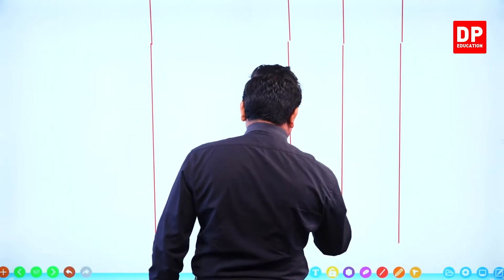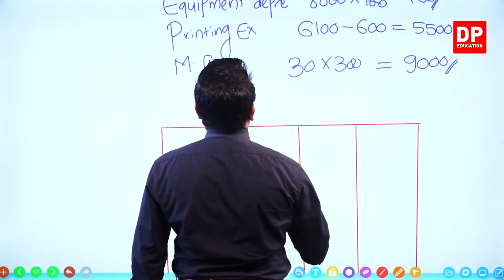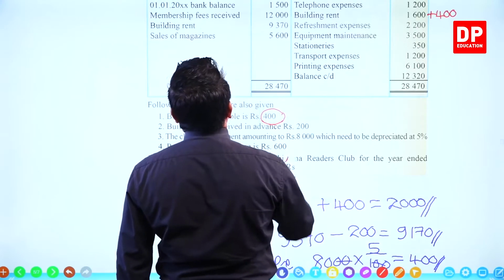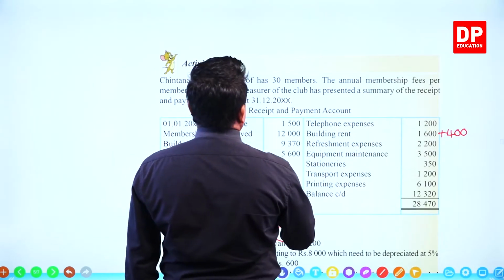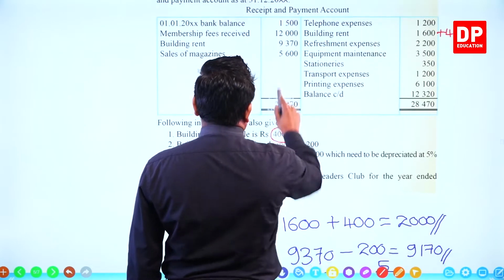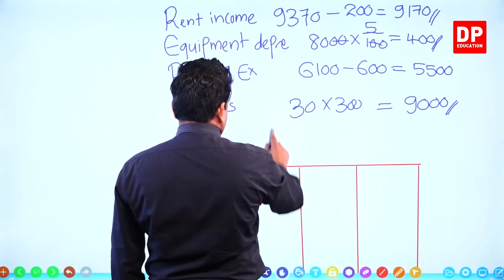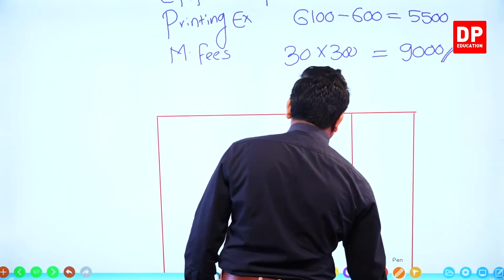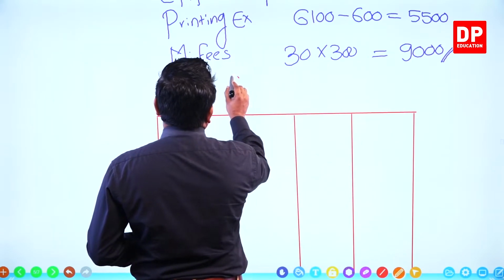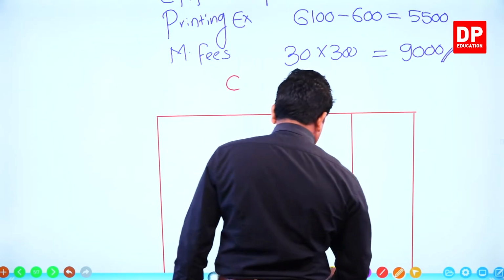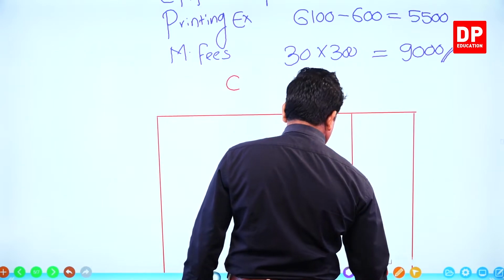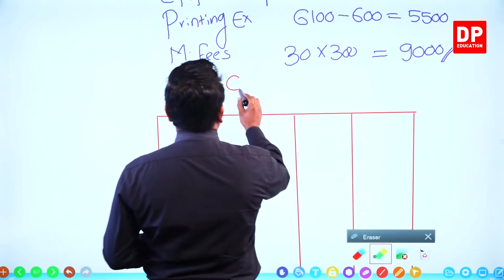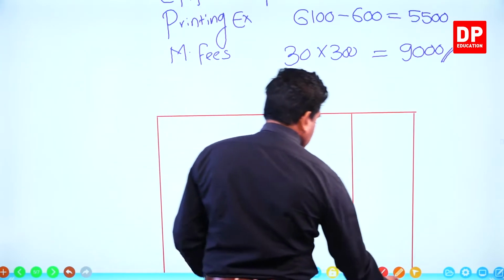On the top you write the name of the organization. What's the name of the organization? You can see it's given in the question. Chintana Readers, right? Chintana Readers.